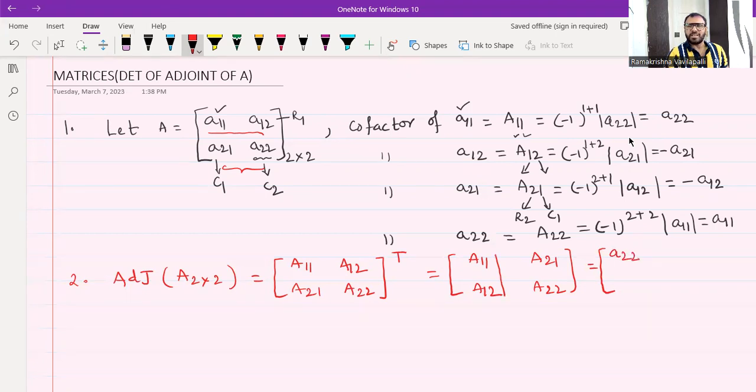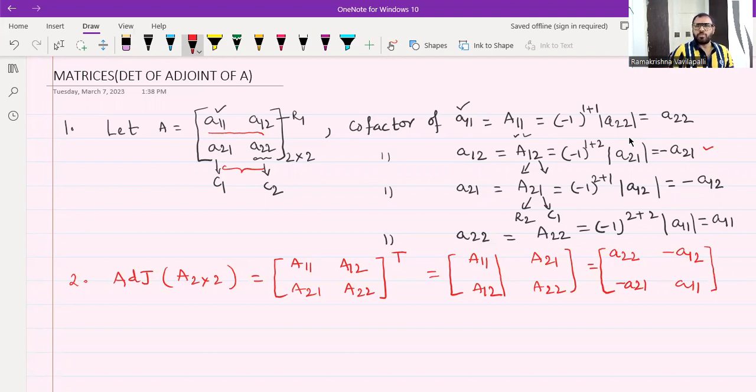A11 is a22 and A12 is minus a21. Write the cofactor elements of the first row in a column. Next, here minus a12, here a11. So this is the process of finding the adjoint of a 2 by 2 matrix.